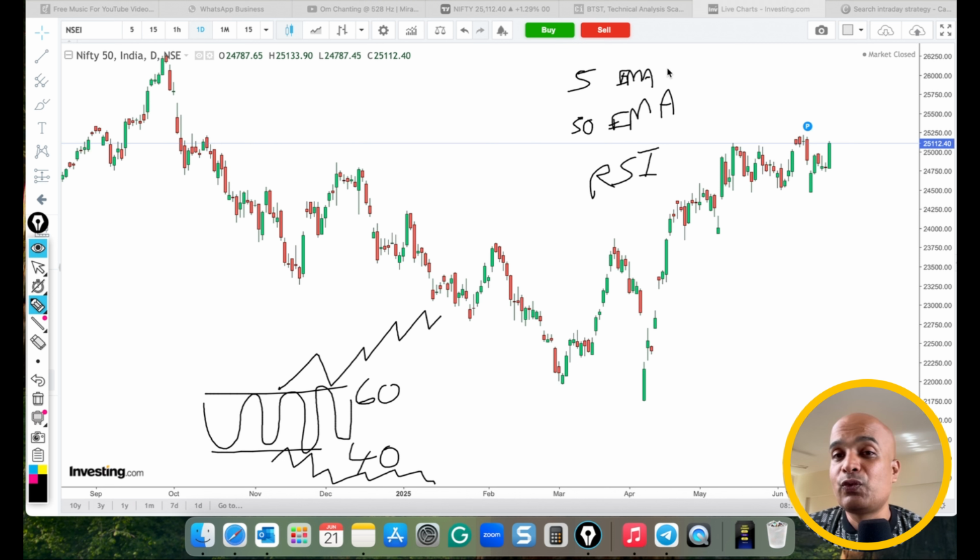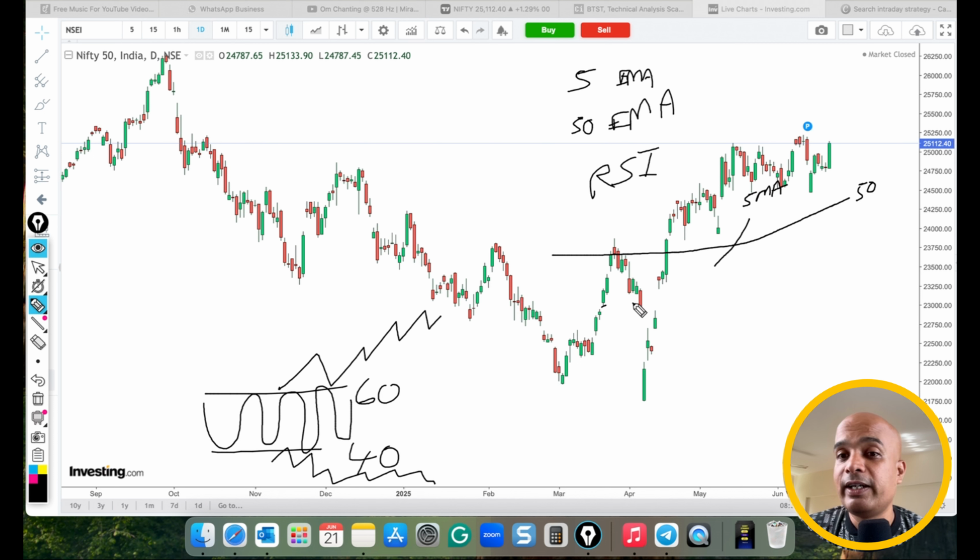And why I use 5 EMA and 50 EMA is, 50 EMA is the average of the last 50 trading days. I will be using this on daily charts. So it gets the average of the last 50 days of activity. 5 EMA is short term, the last 5 days average. So let's say this is the 50, and I'm taking a long trade whenever the 5 EMA breaks above the 50 EMA.